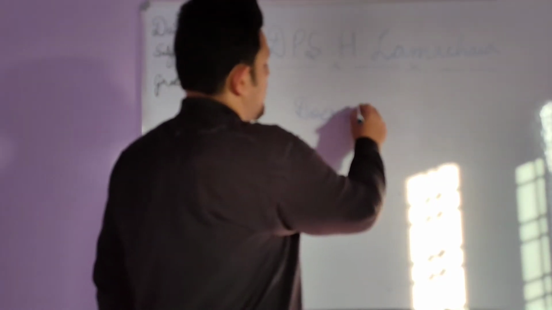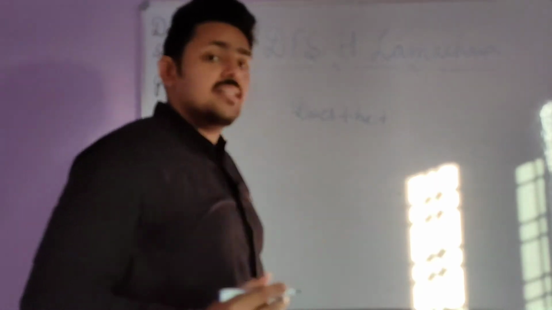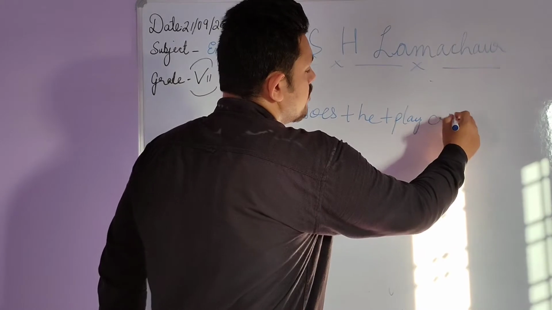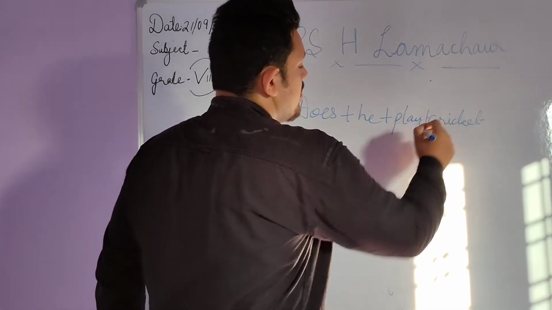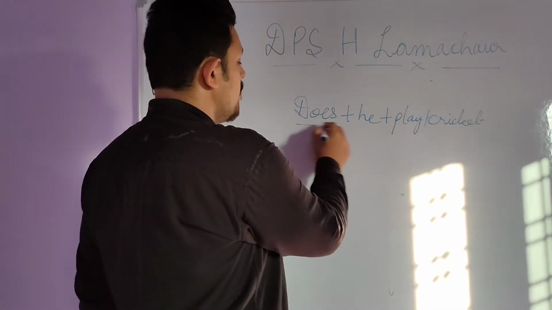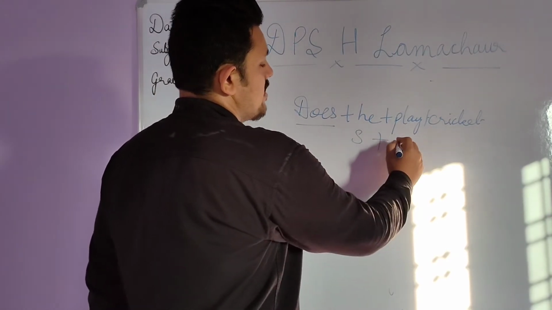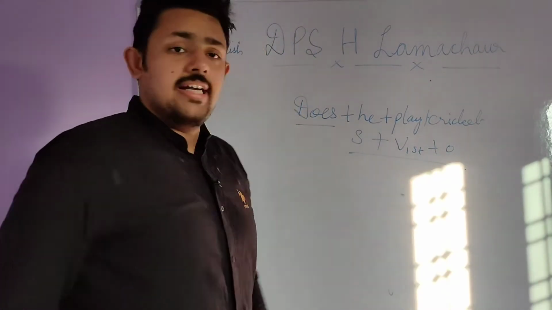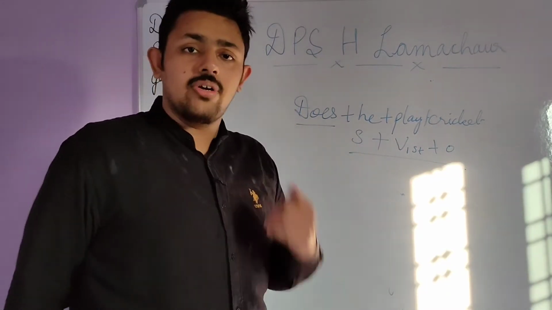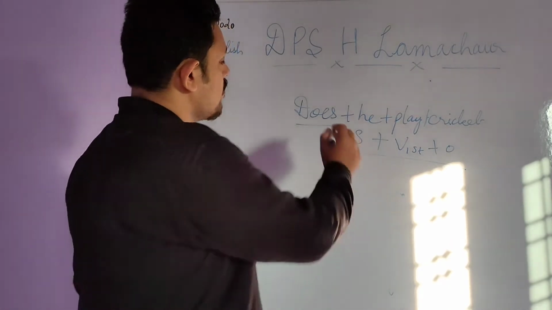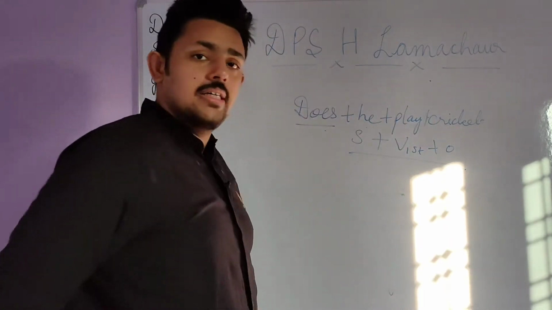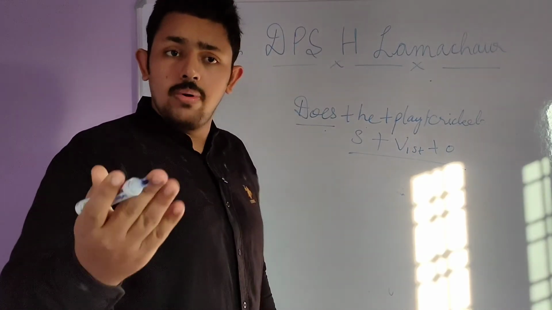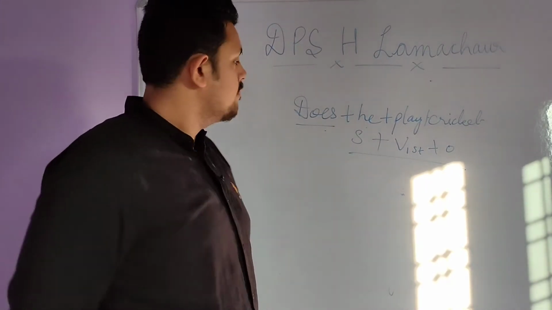Does he play cricket? So what will be the structure? Does plus subject plus verb's first form plus object. It is the rule for the interrogative sentence in simple present tense. Does he play cricket? Do I play cricket? Do you play cricket? Does he play cricket?